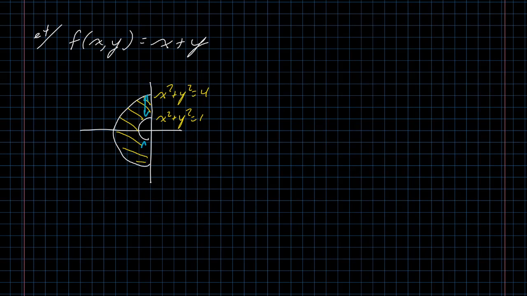But because it is rotationally symmetric, from theta equals pi over 2 to theta equals 3 pi over 2, my inclination is to try to rewrite this as a function of r and theta.